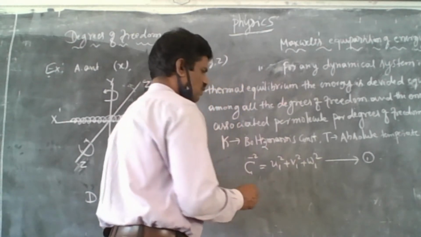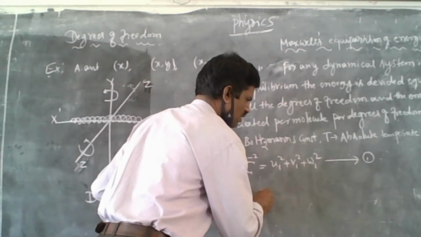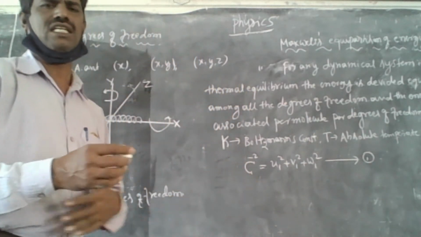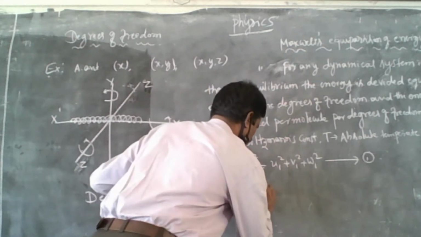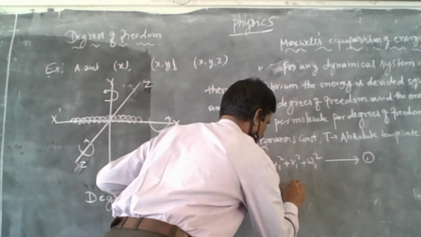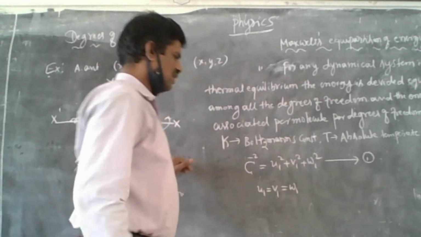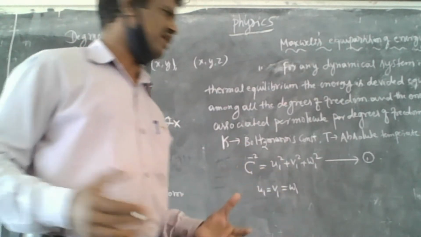Along the 3 coordinate axes means x, y, z. The u1, v1, w1 are equal velocities in all the 3 coordinate axes. Therefore, u1 equals v1 equals w1, because the component velocities are equal along the 3 coordinate axes.